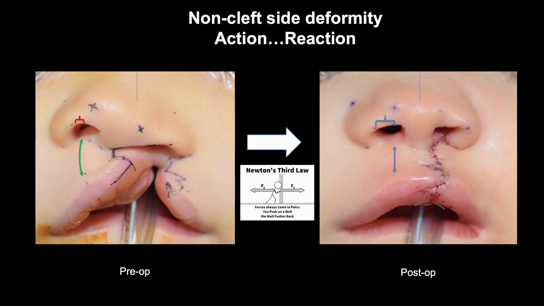And so if the non-cleft side is deformed, does it change through surgery? Kind of like Newton's third law, does an action result in a reaction? If you look at these photos of the same child before and after surgery, you can see that the non-cleft filtral height shortens, the non-cleft nostril sill widens, and the heminasal tip on the non-cleft side softens.